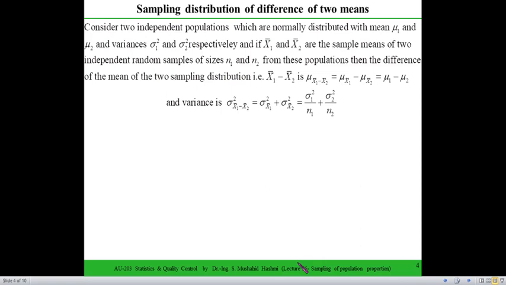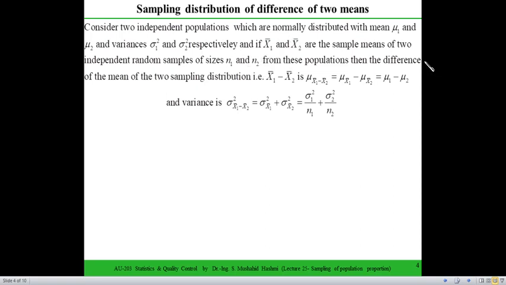If we calculate the mean of both populations, x1 bar represents the sample mean of the first population, and x2 bar represents the sample mean of the second population. Each sample has a sample size of n1 and n2.